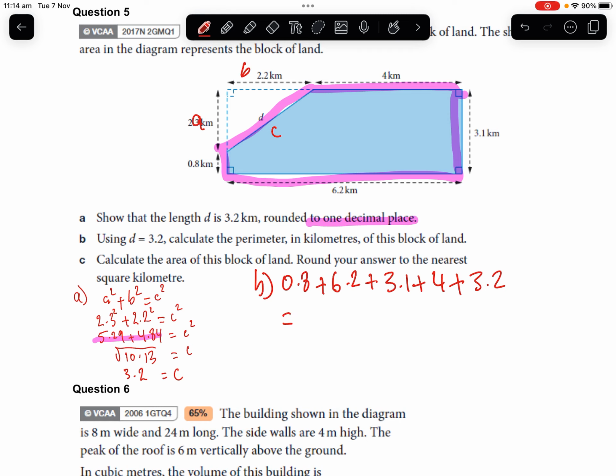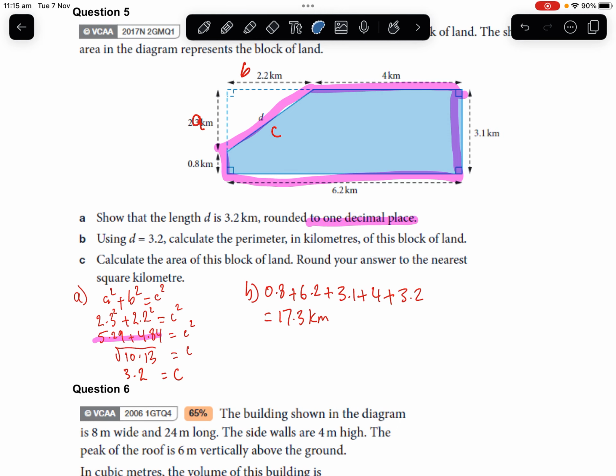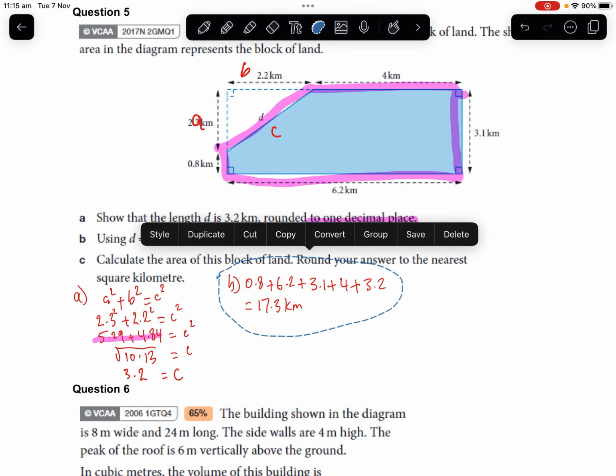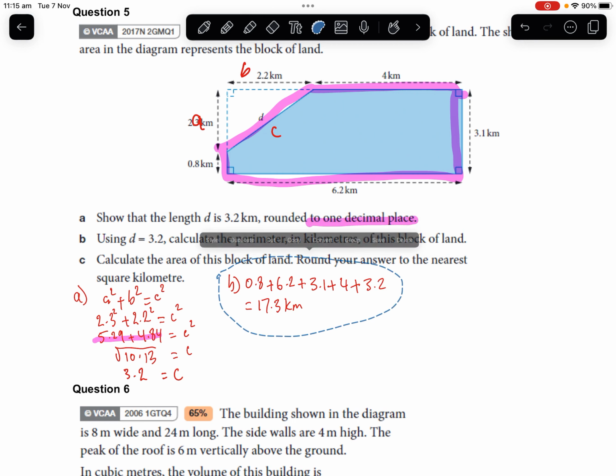That's equal to 17.3 kilometers. It doesn't say round to 1 or 2 decimal places, so we just leave it at 17.3.